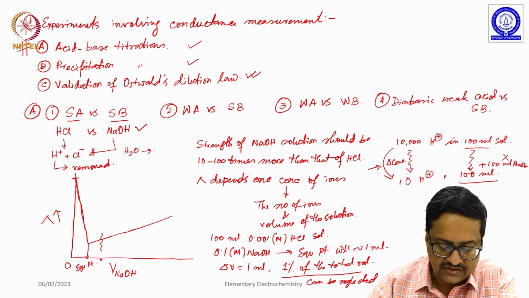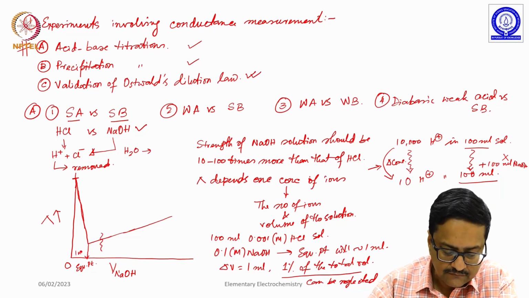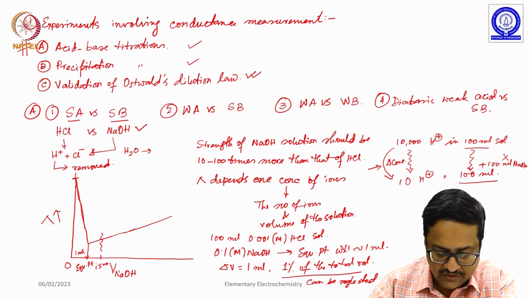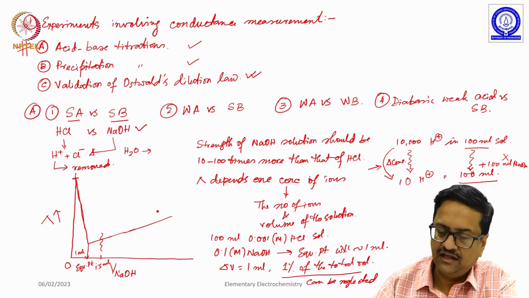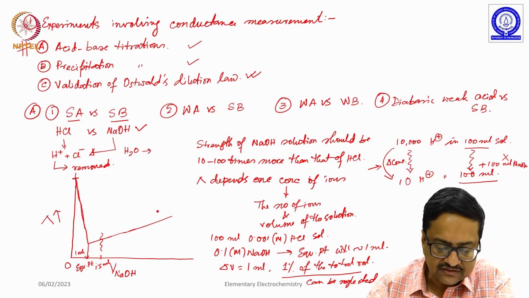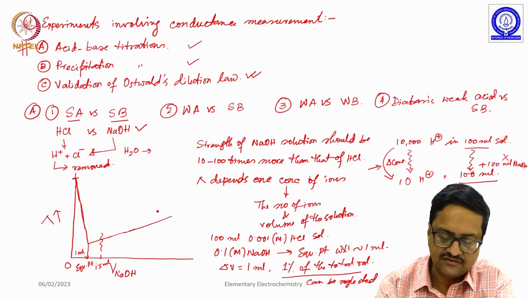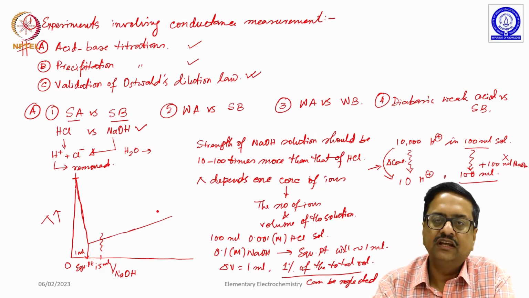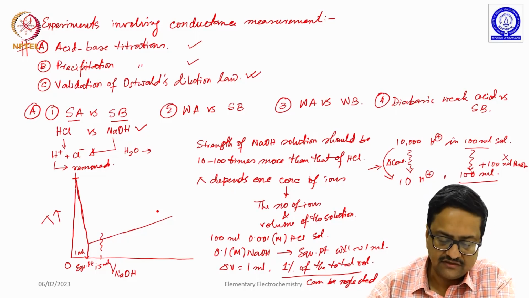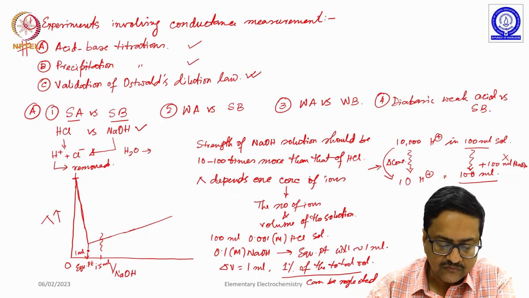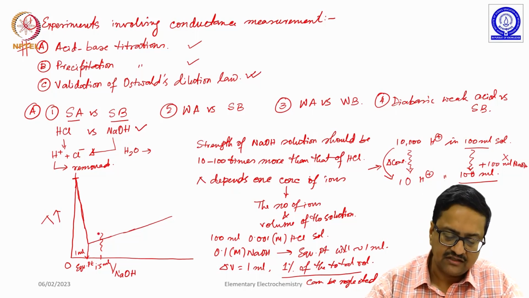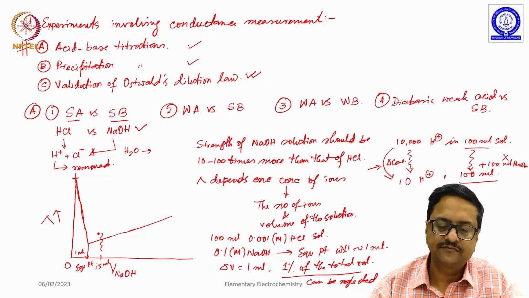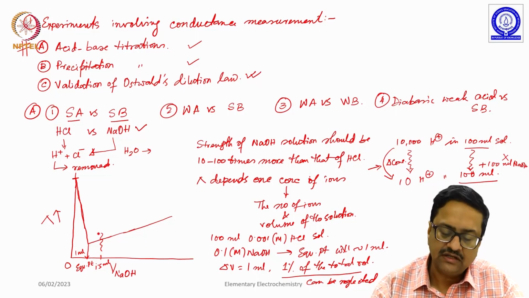If your end point is at 1 ml, one can do this experiment up to 1.5 ml at the most, because then further addition of NaOH further dilutes and the volume increases. As a result, the conductance value becomes incorrect and you may see that this is no longer a straight line and so on. So with strong acid and strong base, one can expect a graph like this. Hope you are able to understand.